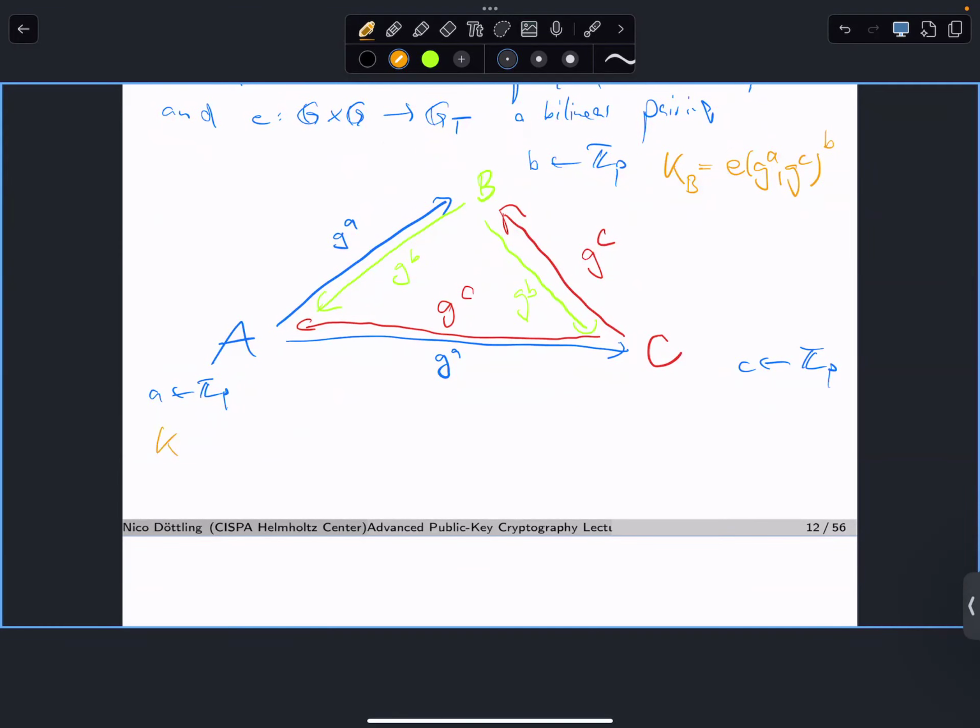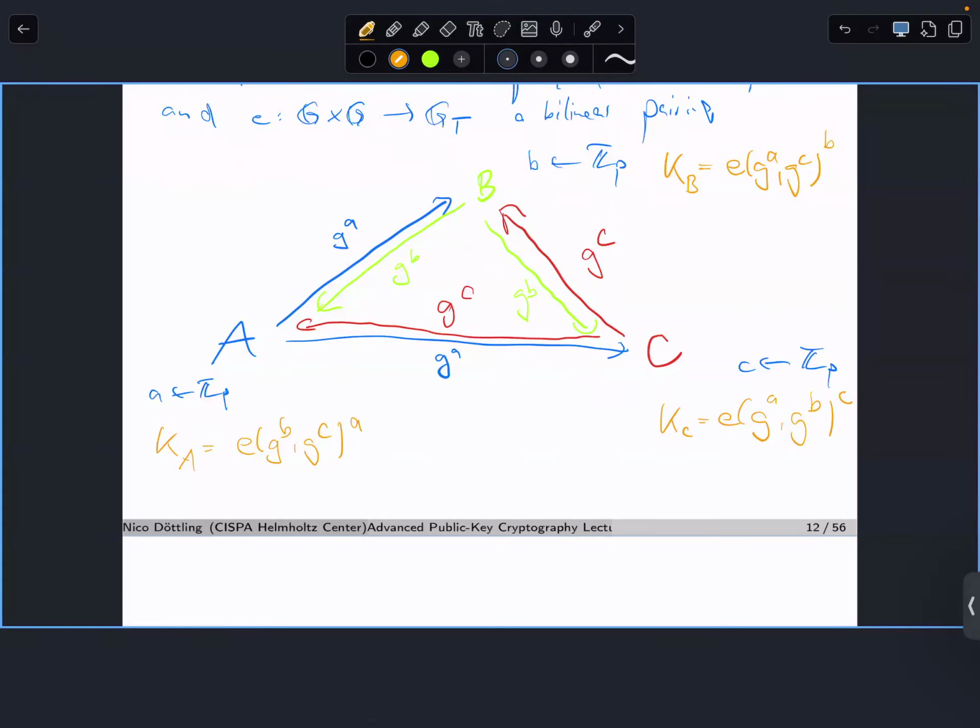Alice computes a key K_A: she takes the messages of Bob, g to the b, and of Charlie, g to the c, and raises it to a. And Charlie takes g to the a and g to the b, and raises it to c.